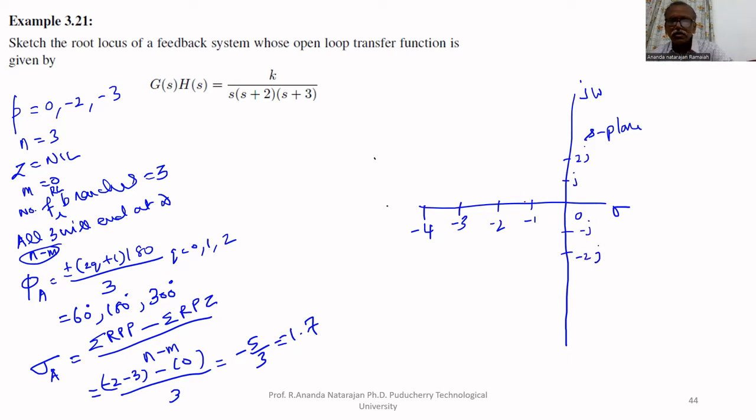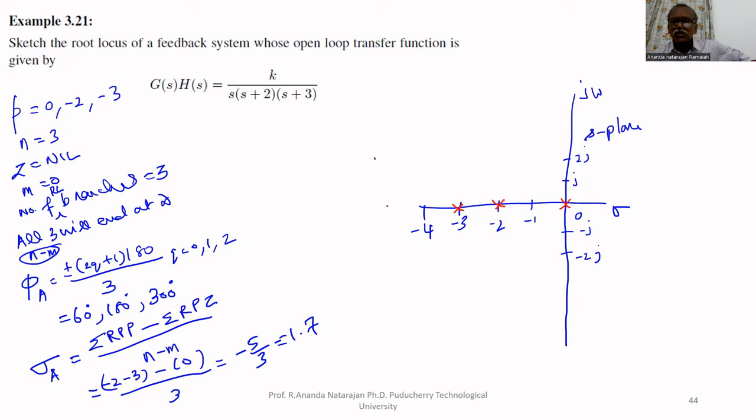Here, what are the poles? One pole at the origin, another pole at minus 2, another pole at minus 3. All the 3 poles are starting points of root locus.